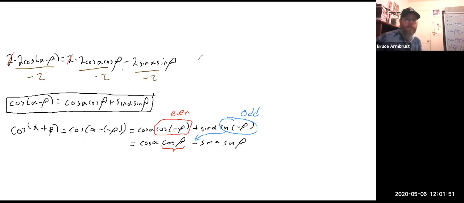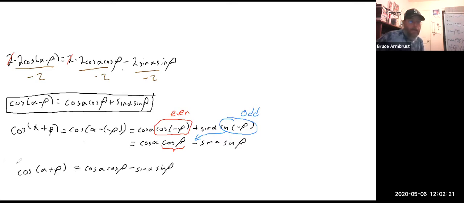So we just made use of the even and oddness of cosine and sine. That gets us an identity for the cosine of alpha plus beta. The cosine of alpha plus beta is equal to cosine alpha, cosine beta, minus sine alpha, sine beta.